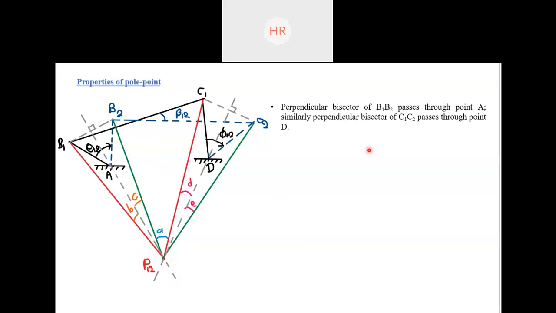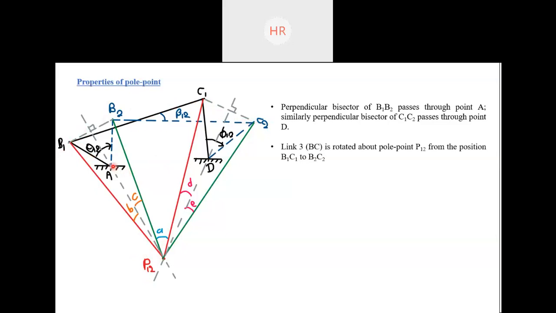The perpendicular bisector of B1 B2 passes through point A. This is one important observation: whatever positions you select, this perpendicular bisector will always pass through this point A, and the perpendicular bisector for C1 C2 passes through point D. That is the property for the pole point, that this line should always pass through point D. Link number 3, that is link BC, is rotated about pole point P12 from the positions B1 C1 to B2 C2. This center will only be used to achieve the B1 C1 to B2 C2 position.